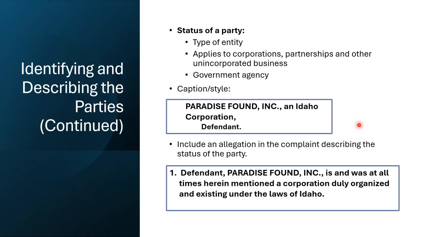If the plaintiff is a corporation, that too is important to identify. Whenever you're working with one of these types of parties, like a corporation or a government agency, you're also going to include an allegation, a paragraph early on in the complaint, describing the status of the party. So defendant Paradise Found is and was at all times herein mentioned a corporation duly organized and existing under the laws of Idaho.